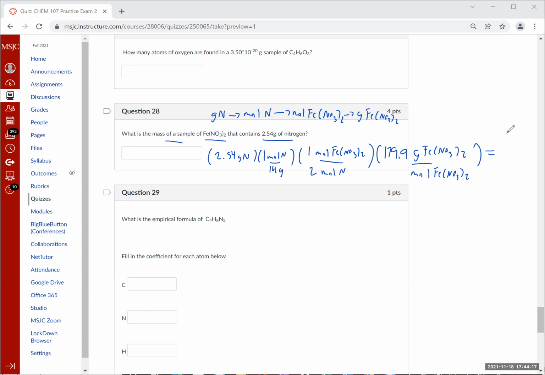Okay, so punching this into our calculator, that in turn gives us 16.3 grams. Does this question make sense to everyone so far?